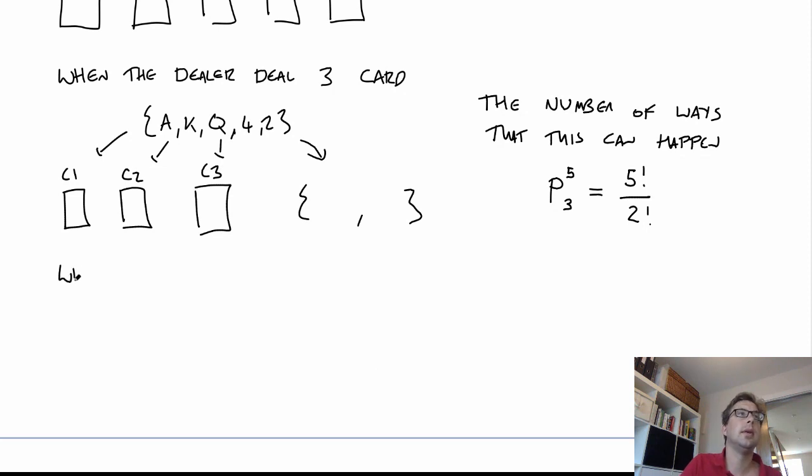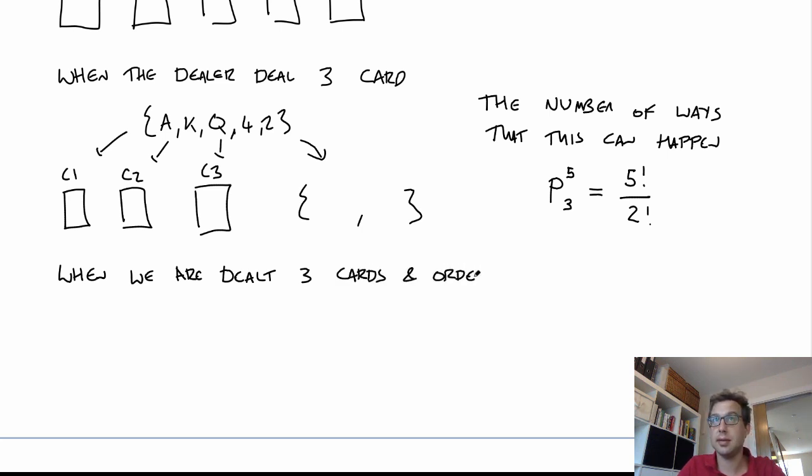Then, when we are dealt 3 cards and the order doesn't matter, let's draw a picture of that. I'll do it a little bit below.